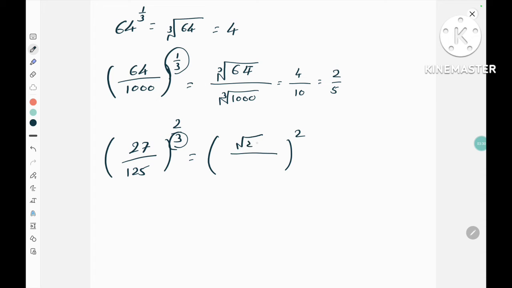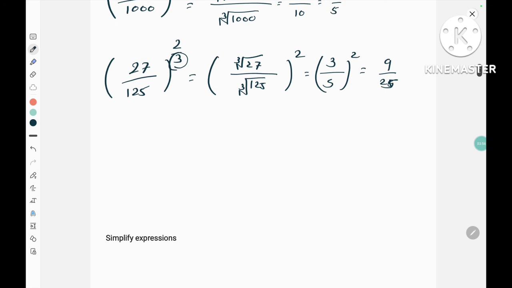So cube root of 27 and cube root of 125, and if I simplify these, then 3 over 5 squared, and 3 squared means 9 and 5 squared means 25. This is the answer. We cannot simplify, so this is our final answer.